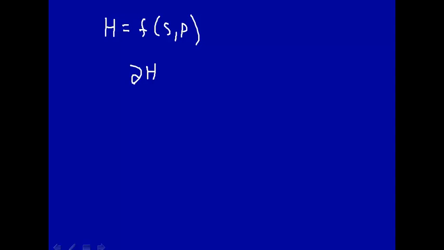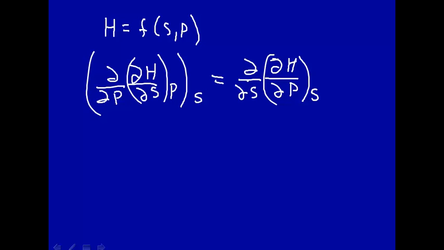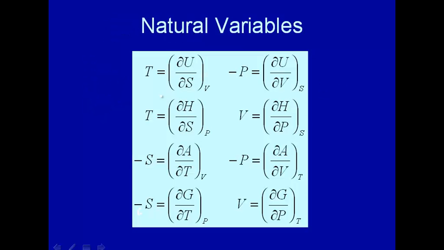We take the derivative of H with respect to that first one, S, at constant P, and then take the derivative with respect to P at constant S. That is equal to taking the derivative with respect to the second variable at constant first variable, and then the derivative with respect to S at constant P. All right, what is this one? How H changes with S at constant P.